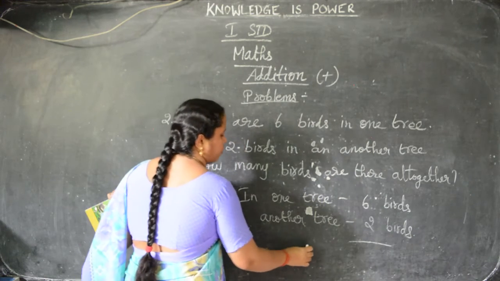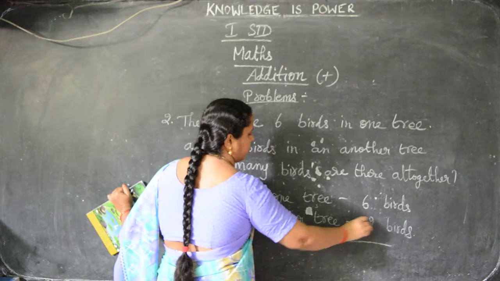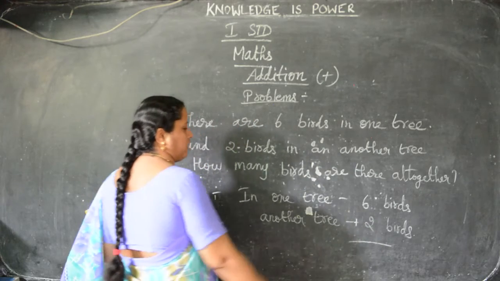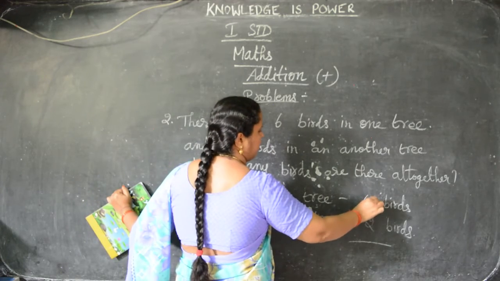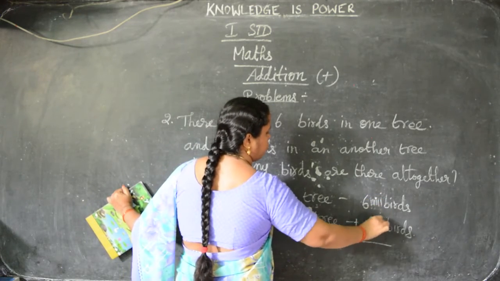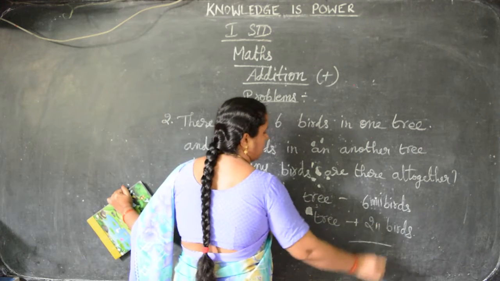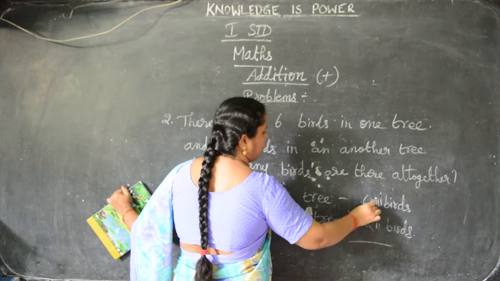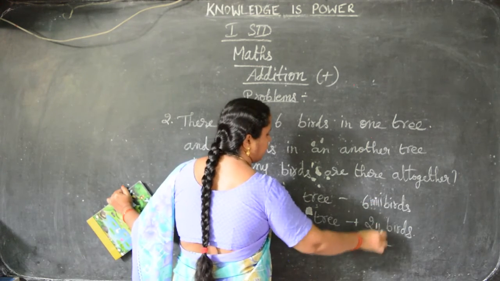So total, finally, how many birds are there? You should count and say 6. For 6, 6 lines. For 2, 2 lines. Count and say, children. 1, 2, 3, 4, 5, 6, 7, 8.